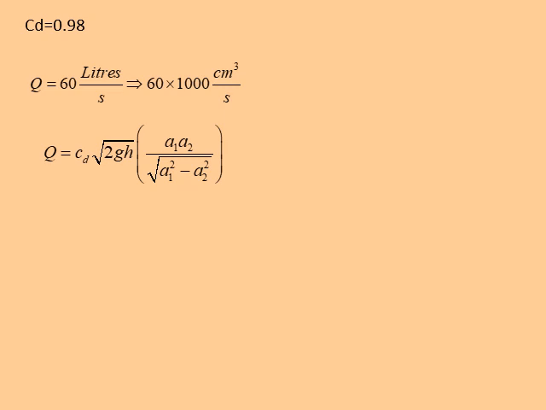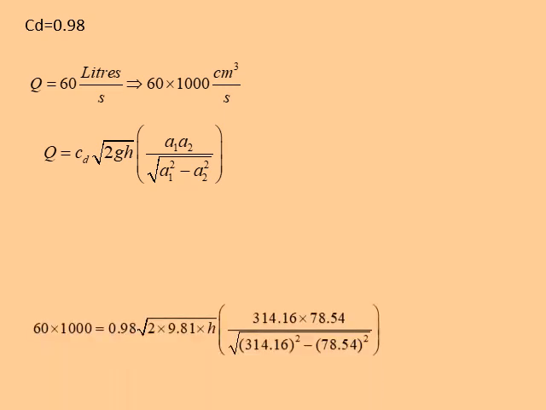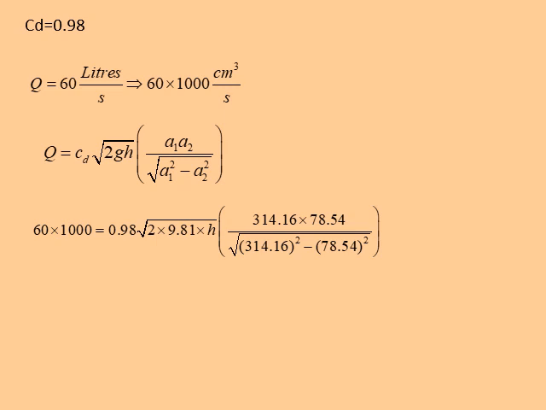Q is equal to C of D into square root of 2GH into A of 1 into A of 2 by square root of A1 square minus A2 square. Now here Q value is given as 60 into 1000 and CD is equal to 0.98 into square root of 2 into G, which is 9.81, into H. So initially I want to calculate H here, and area values are known, the area at inlet as well as outlet. So substitute those values here.